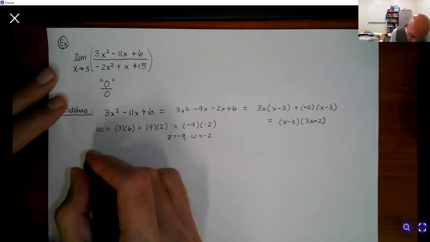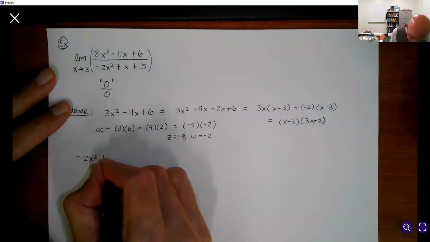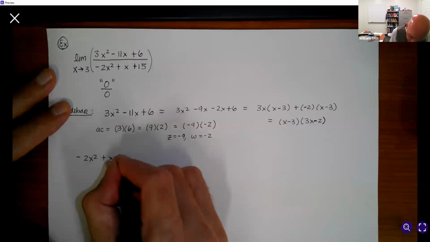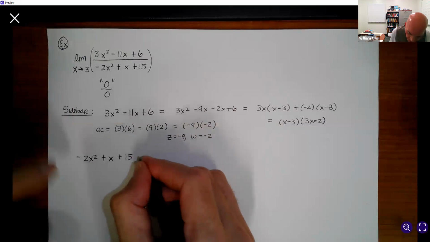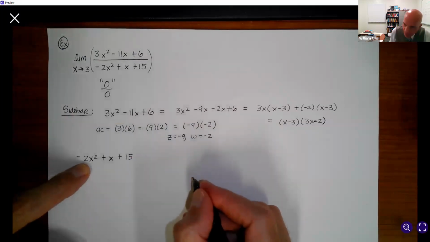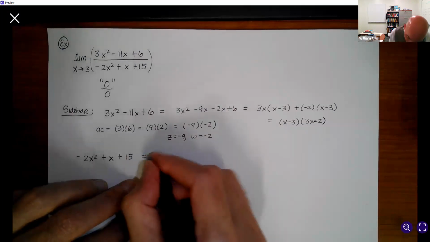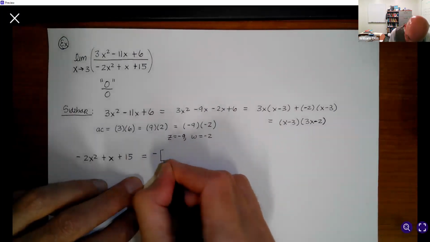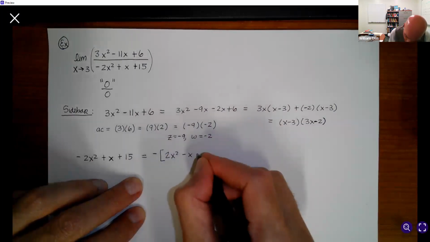Let's do the same for the denominator. So we have -2x squared plus x plus 15. Now, if you don't like the negative there, and it does kind of get in the way, just go ahead and factor it out. So negative, 2x squared minus x minus 15.